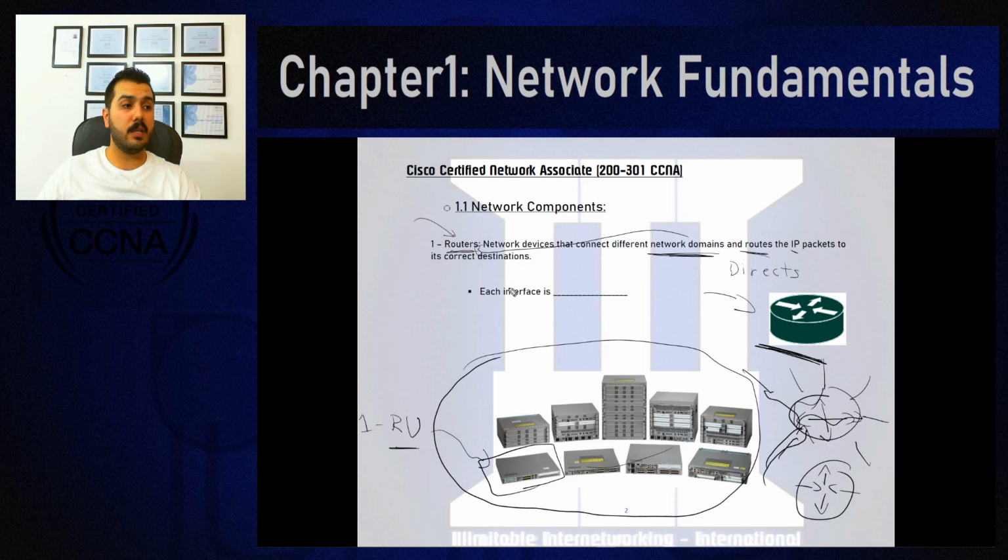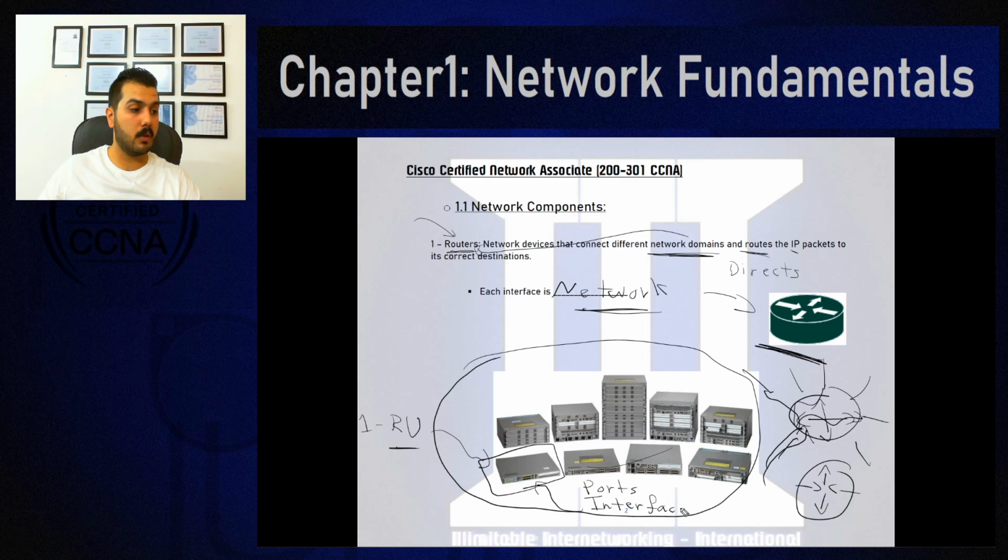Each interface in a router is, as we talked, a single separated network. As you can see, if the screen was clear to you, this router device has 8 ports, which might be a new term to you, or 8 interfaces.